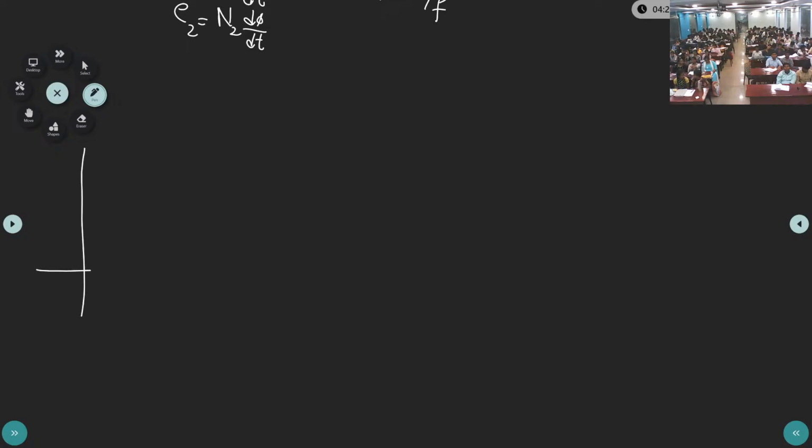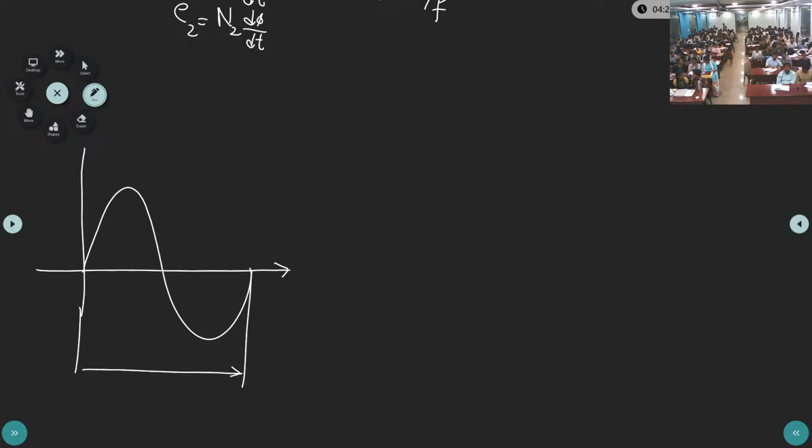T by 4. So we are getting maximum flux at T by 4.